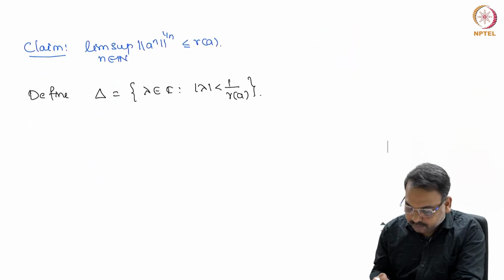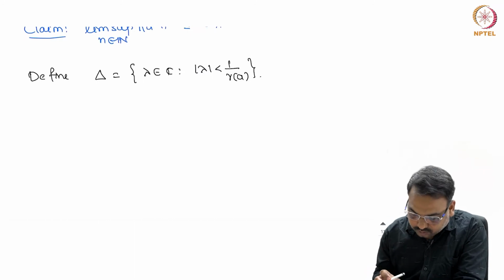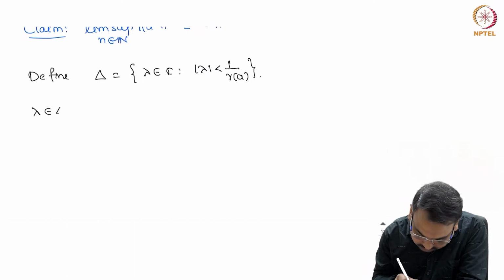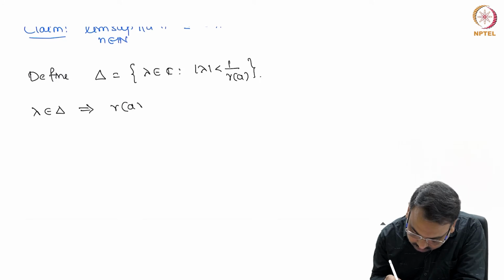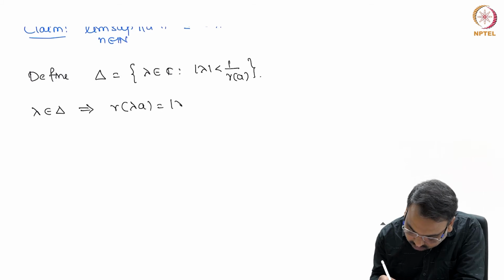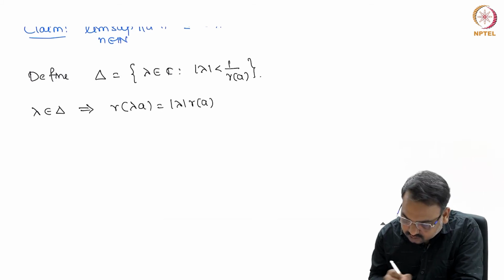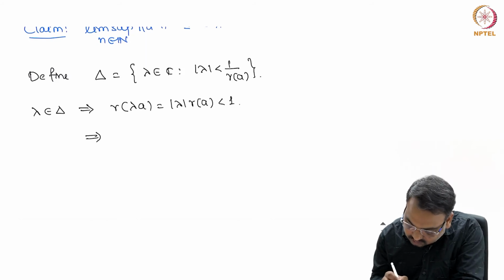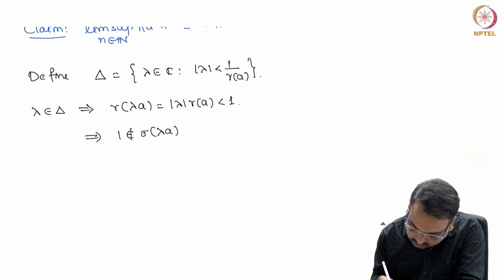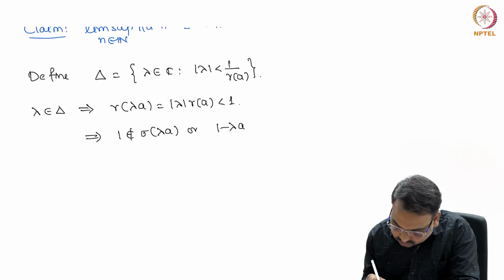So lambda is in delta. This implies the spectral radius of lambda A is nothing but mod lambda into the spectral radius of A. This is strictly less than 1. So from this we can say that 1 is not in the spectrum of lambda A, or we can say that 1 minus lambda A is invertible.